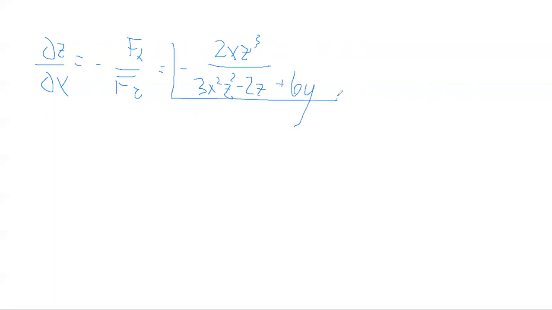So hopefully y'all can read that. This is your partial derivative of z with respect to x. It is negative 2x z cubed over 3x squared z squared minus 2z plus 6y. And that is the answer for the first part, which is the partial derivative of z with respect to x.